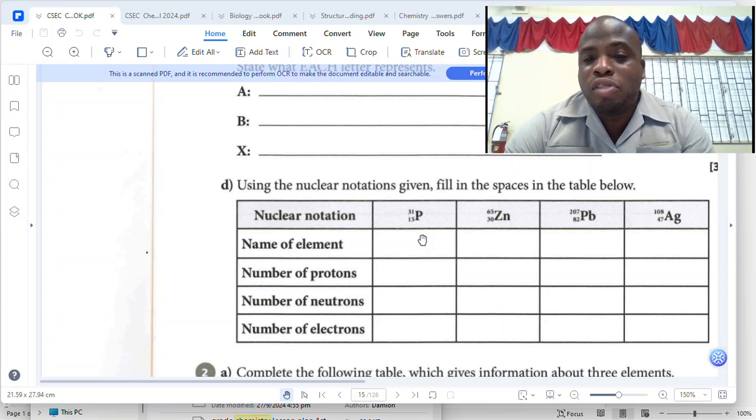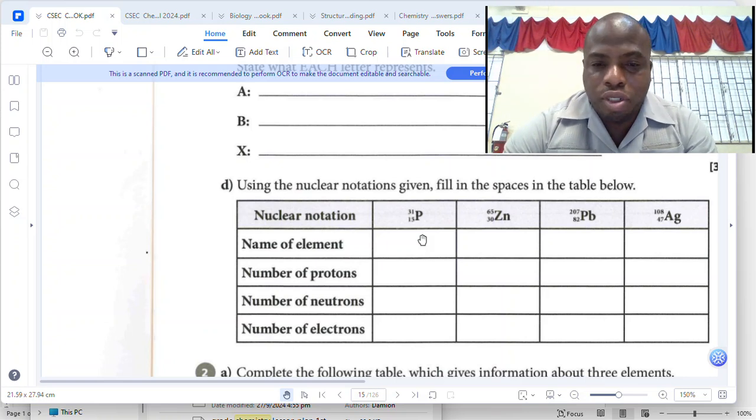So you can write down this formula. Whenever you want to find the number of neutrons in the element, you subtract the atomic number, or the number of protons, from the mass number.